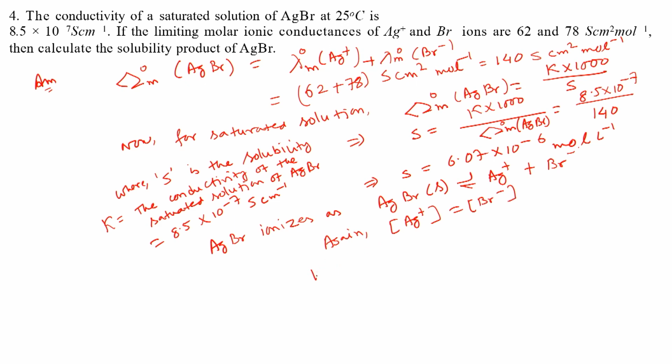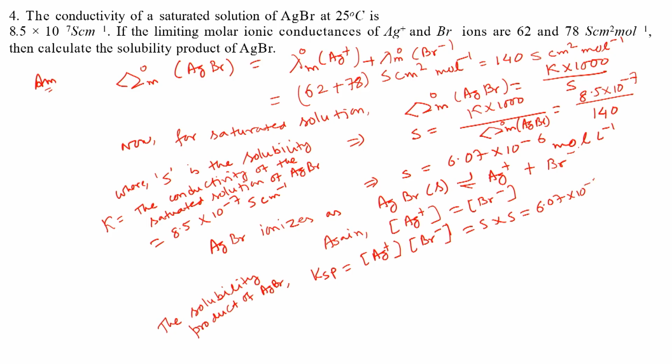So, we can write Ksp, the solubility product of AgBr. Ksp is concentration of Ag plus times concentration of Br minus, and as we said this is S times S. So, we get the value of S we calculated, 6.07 times 10 to the minus 6 times 6.07 times 10 to the minus 6.